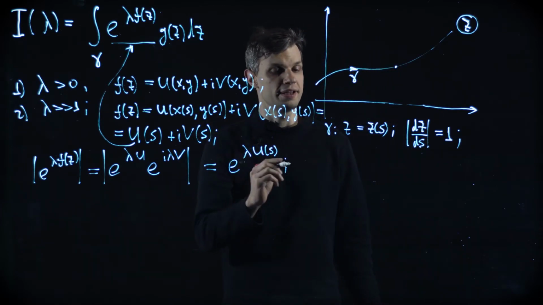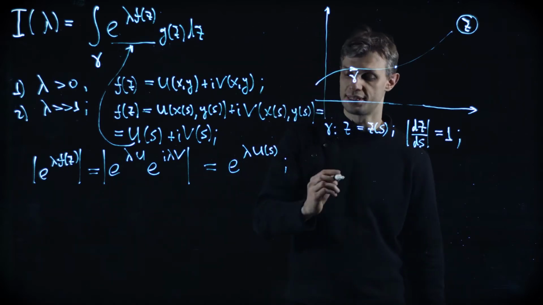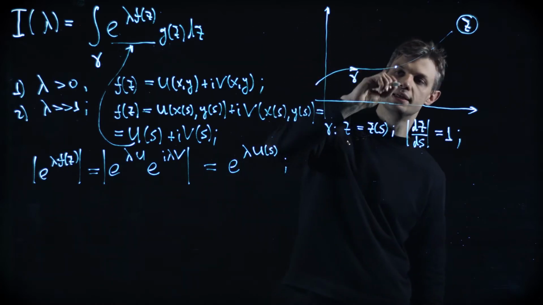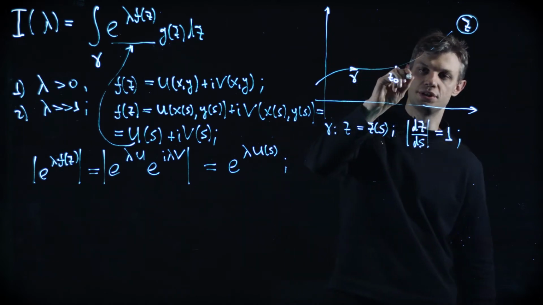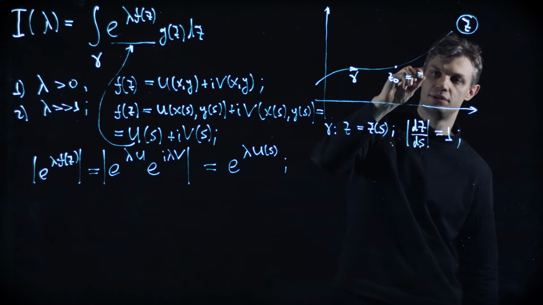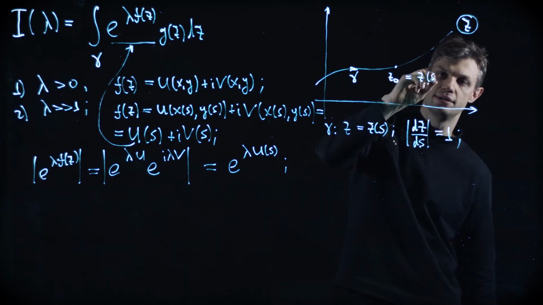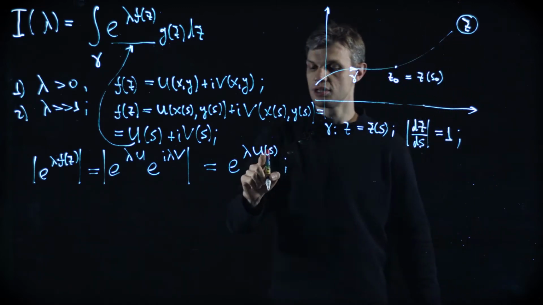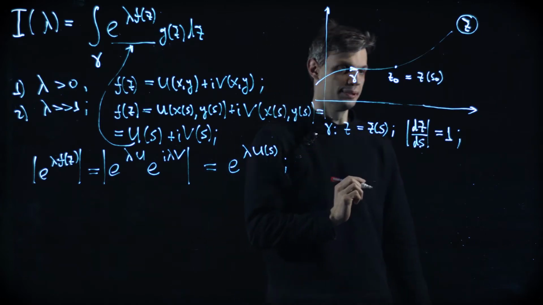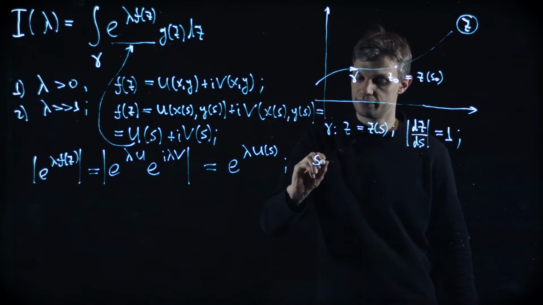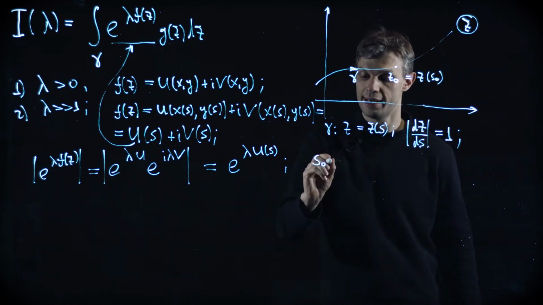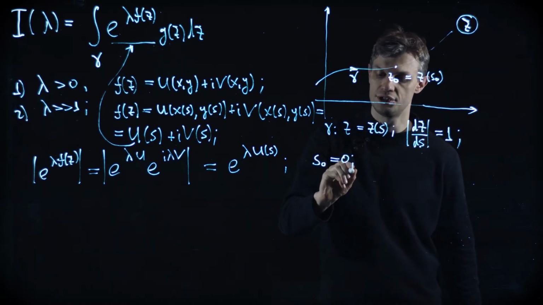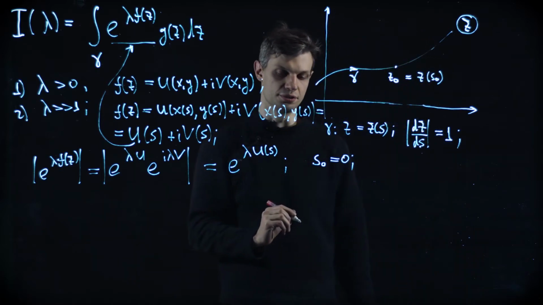Let's suppose that its extremum is a maximum. So there is some point z naught, corresponding to some parameter s naught, where this function u of s has a maximum. It's up to us to choose the value of s naught, and let's choose it to be equal to 0.